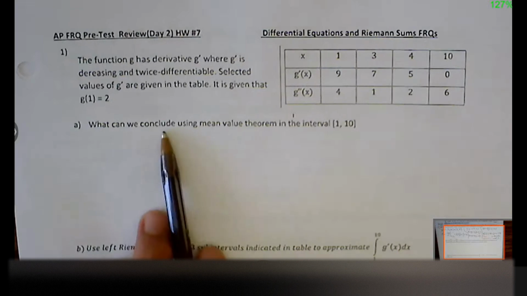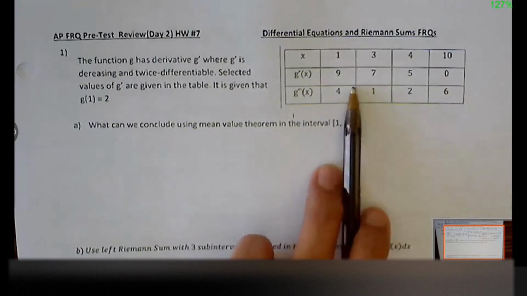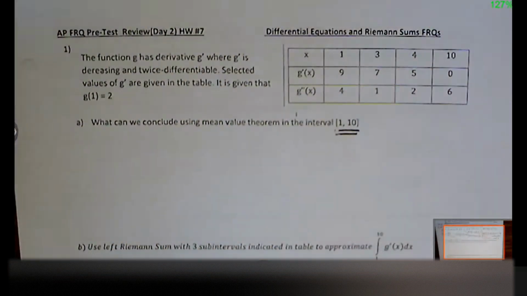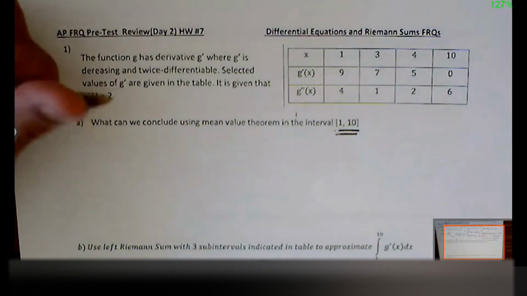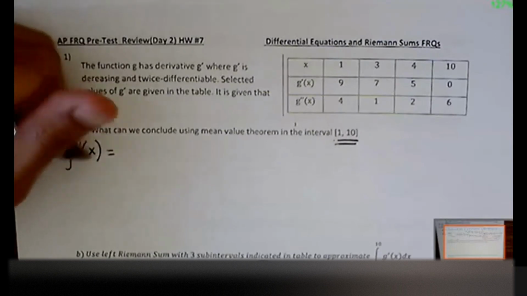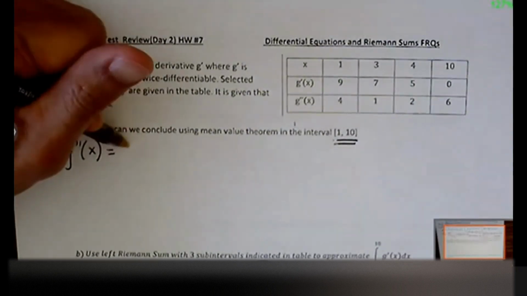Okay, so we can basically apply mean value theorem using our table of values here. So here are our endpoints. So we can make the conclusion that we can guarantee a slope off of the second derivative graph, or the value of the second derivative graph, basically a slope coming from the first derivative graph.